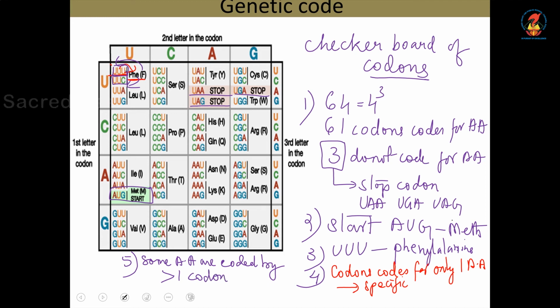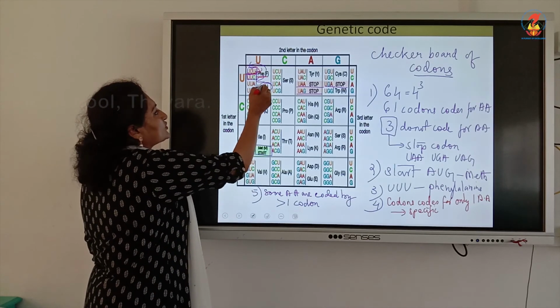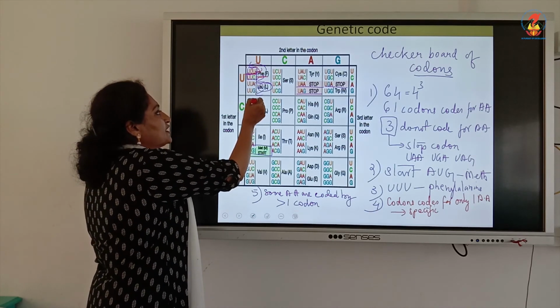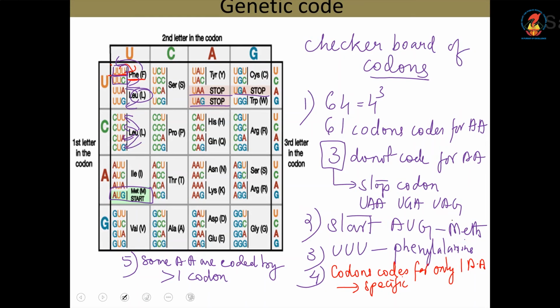The very same example you can give: phenylalanine is coded by UUU as well as UUC. You can see leucine also. It's coded by UUA, UUG, and look at leucine, it's coded by 4 codons: CUU, CUC, CUA, CUG. Almost all amino acids are coded by more than one codon. This feature is known as degenerate.